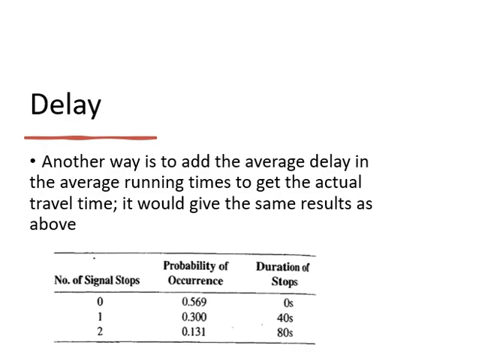In this example, the chance of delay is calculated on the basis of the number of stops at the signals. In the same chapter later on, we will do the calculation for delay at a signal, so we will be calculating these percentages as well.